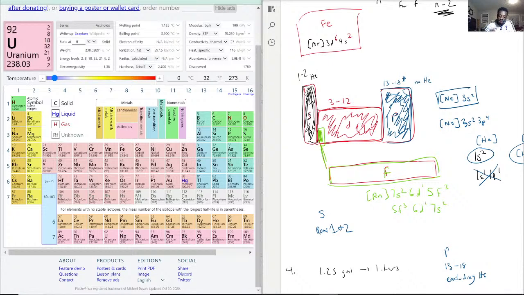That is where the confusion for me began. If you notice, the only shell that gets interrupted when you count normally on the periodic table is the D shell row. Once you hit the lanthanoids and actinoids, they have a D1, but then everything after that starts being F before they get out of those series back to the transition metals.